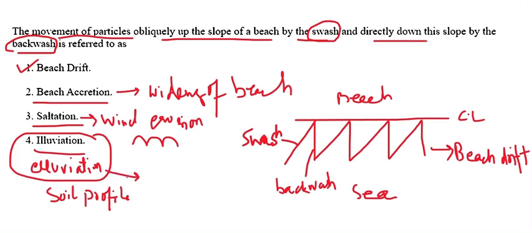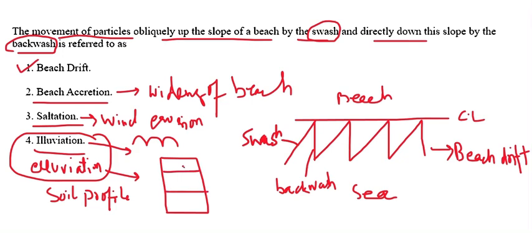The zone from which the material is moved out, we call that zone elluviation. And the zone where that material is deposited, the new zone, we call illuviation.